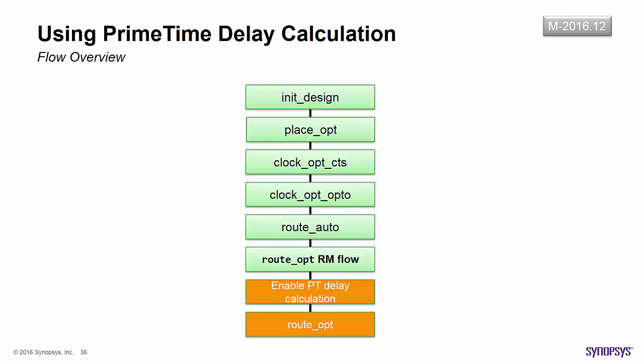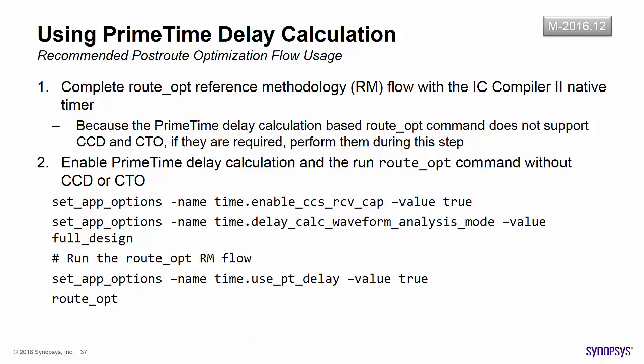This is the flow overview. After finishing route_opt of the RM flow, PT delay calculation is enabled here. This is the recommended post-route optimization flow usage.